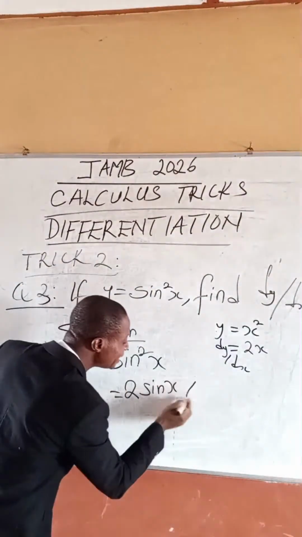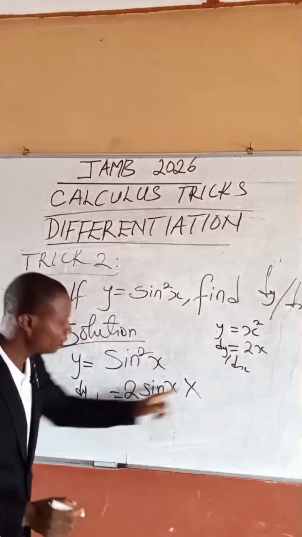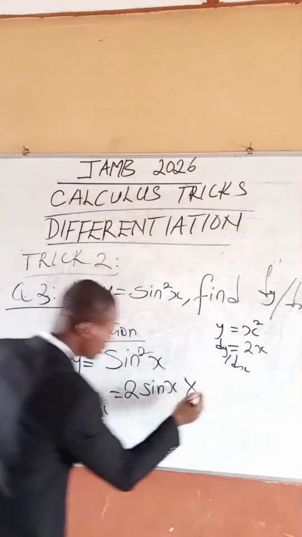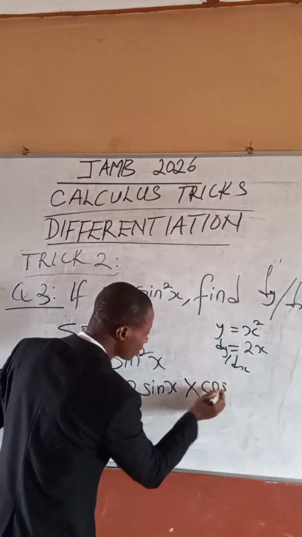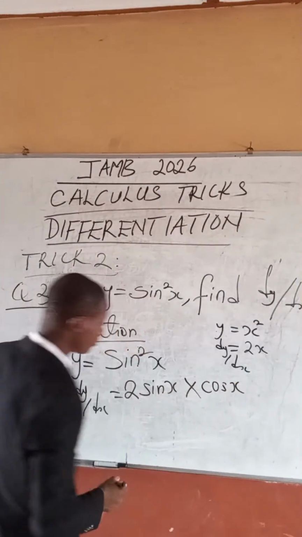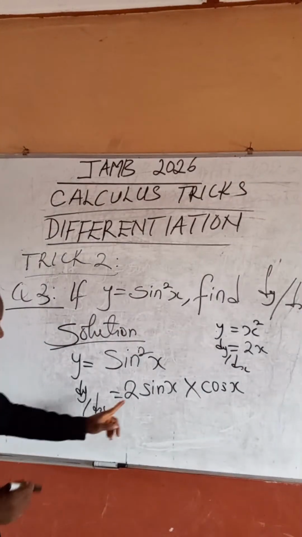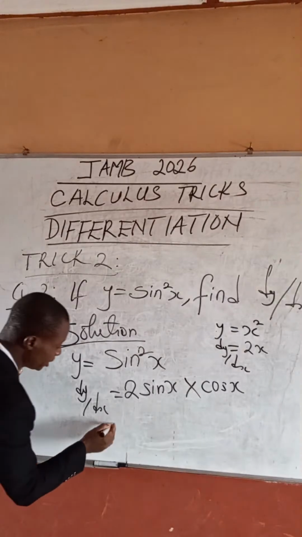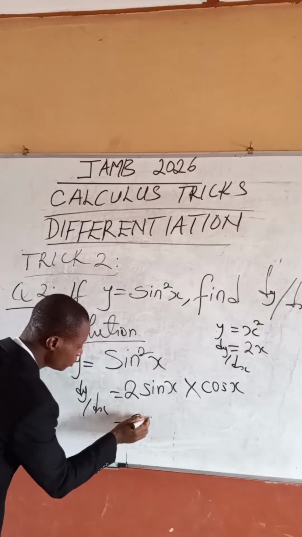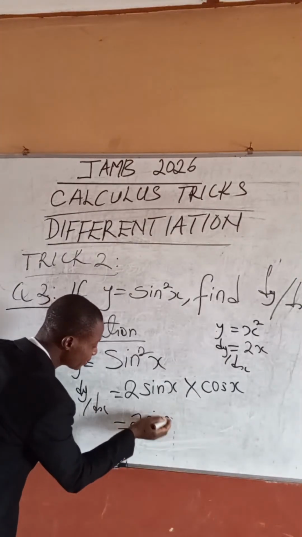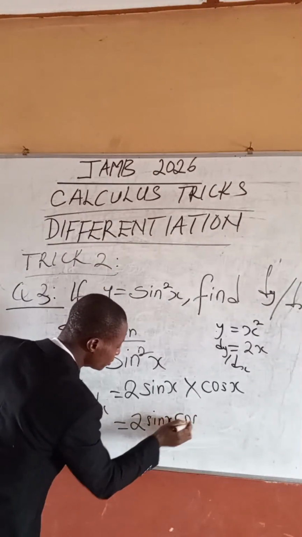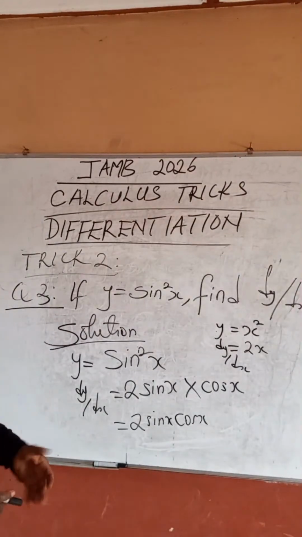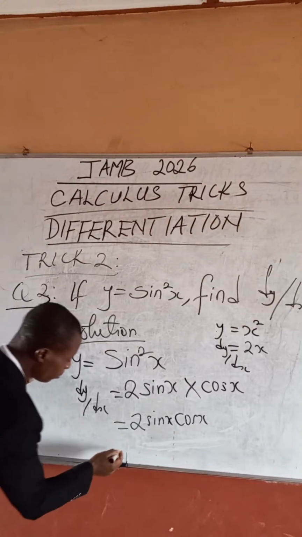Then multiply it by changing the sign to cos. Change this sign to cos, becomes times cos x. So this is 2 sine x cos x when multiplied together. And 2 sine x cos x is equal to sine 2x from double angles.